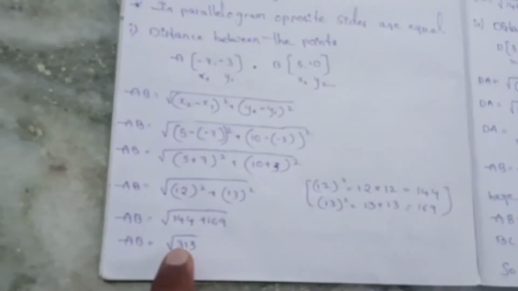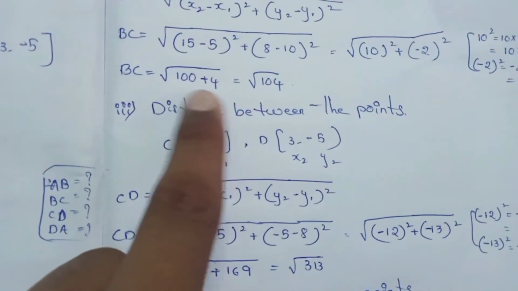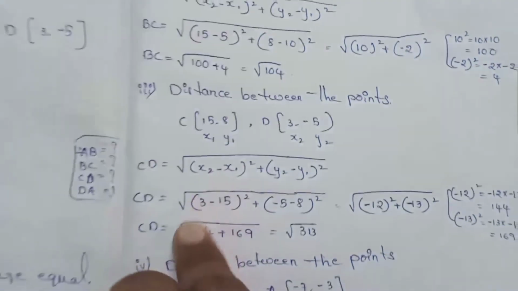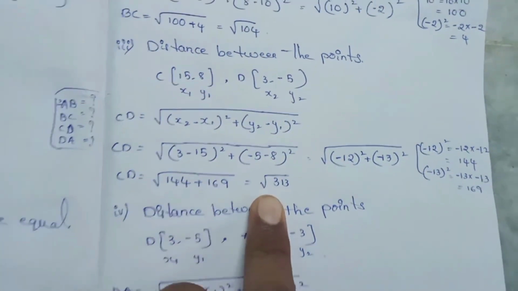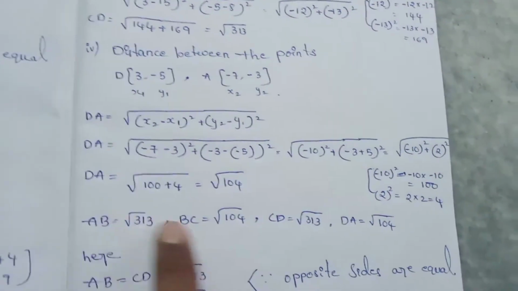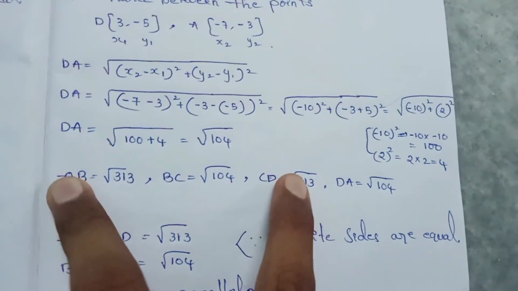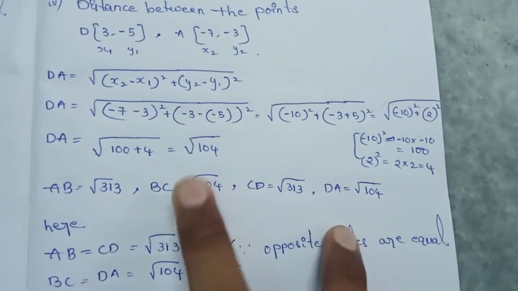Now what are the values of AB here? AB is root 313. Next, BC value is root 104. Next, CD value is root 313. DA value is root 104. I have written here, observe this: AB and CD are equal, BC and DA are equal.